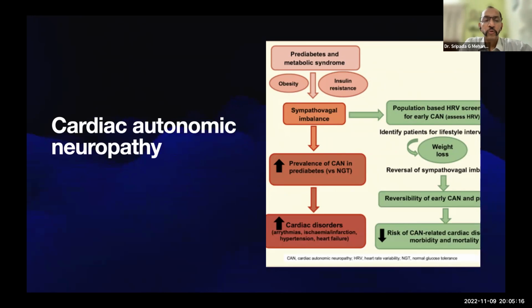So we have a lot of possible complications in these patients, like arrhythmias, ischemia or infarction, and ischemia or infarction without even giving a warning sign. There may be hypertension, of course hypertension is very common, and heart failure. Often these conditions remain undiagnosed due to the denervation of the myocardium and the vascular structures.